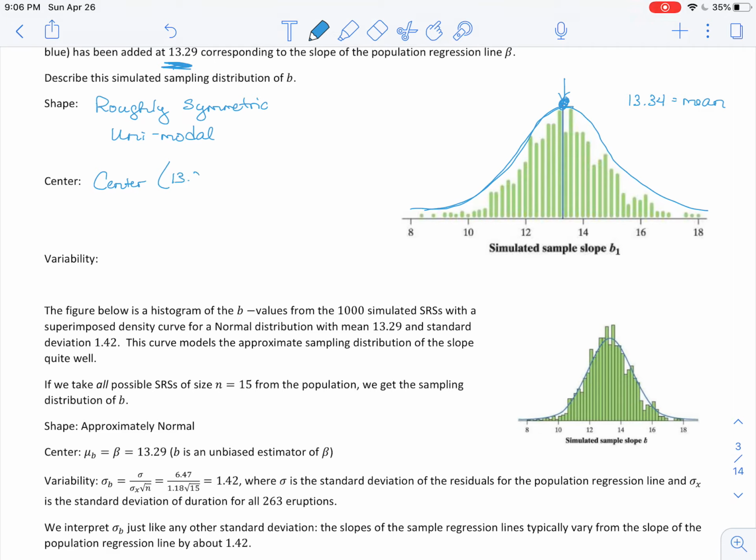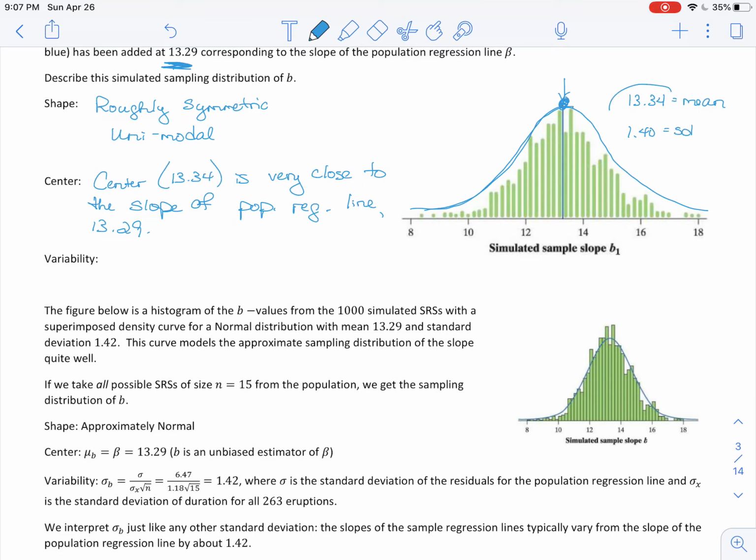So I'm going to put that the center of 13.34 is quite close to the slope of the population regression line. We get really, really similar values.